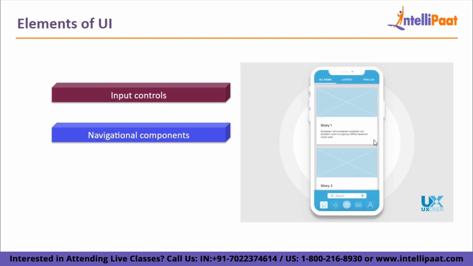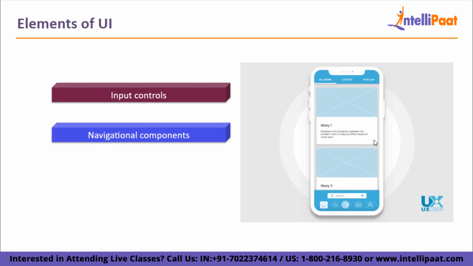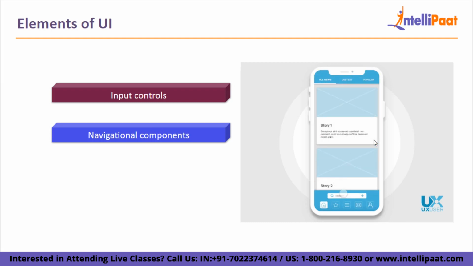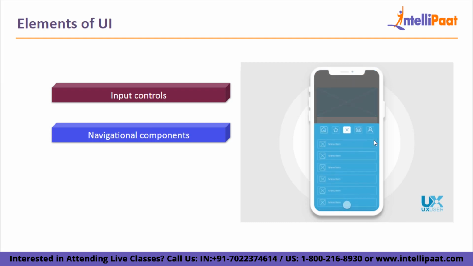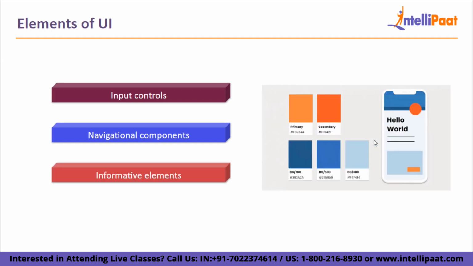Next, we have navigational components. A variety of UI elements known as navigational components can simplify navigating through a website or mobile application. There are numerous navigational elements, including navigation bars, menus, and drop-down menus, sidebars, tab bars, and tree menus. Next, we have informative elements. What are informative elements?